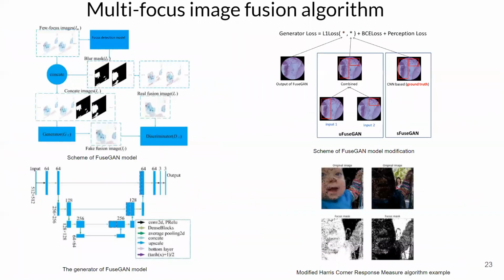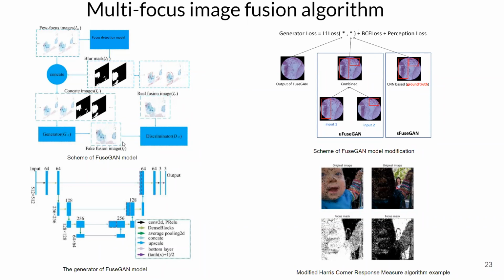So the standard fusion GAN model works in the following way. Firstly, we feed multi-focus images as an input to a focus detection model that gives us binary segmented masks for each image that contain information about focus regions. After that, we concatenate the input images with their masks, and the result is an input for our generator.